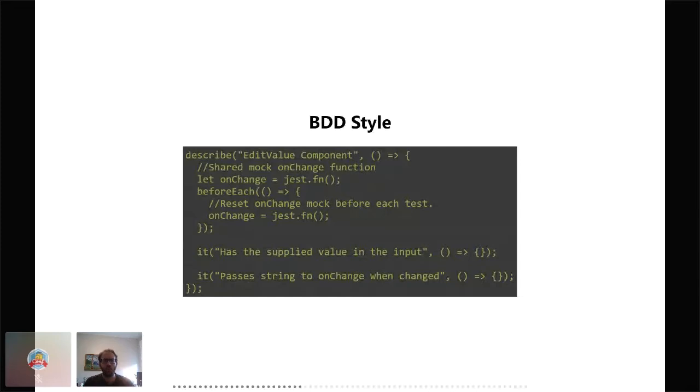Very semantic. So here, I just have beforeEach that'll just reset this onChange because it's a counter. It knows how many times it's called, and you'll see how that could be a problem if we didn't reset it like that. I have seen some people suggest that you shouldn't do this up here. You should just isolate them into each closure. There's some value to that.